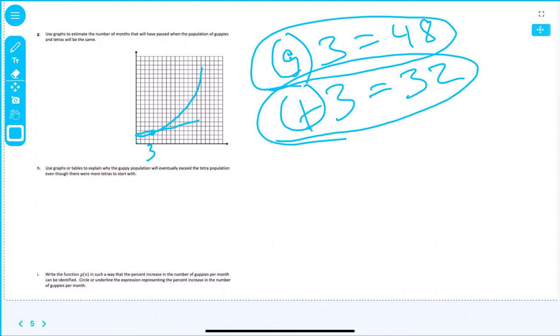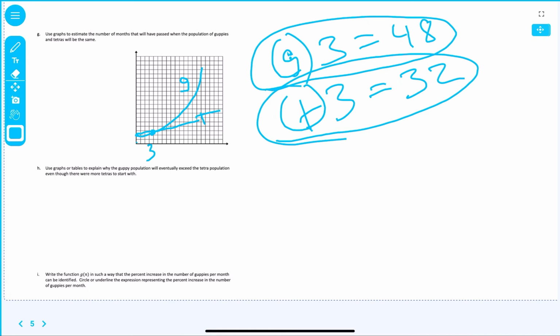Okay, y'all understand that? If you graph it, the tetras are going to start out faster, but the guppies are going to catch up, where these are G and these are T's. And so they're going to cross at about 3 there. I want to hurry. I don't want to slow down. We still got a lot of work to do.